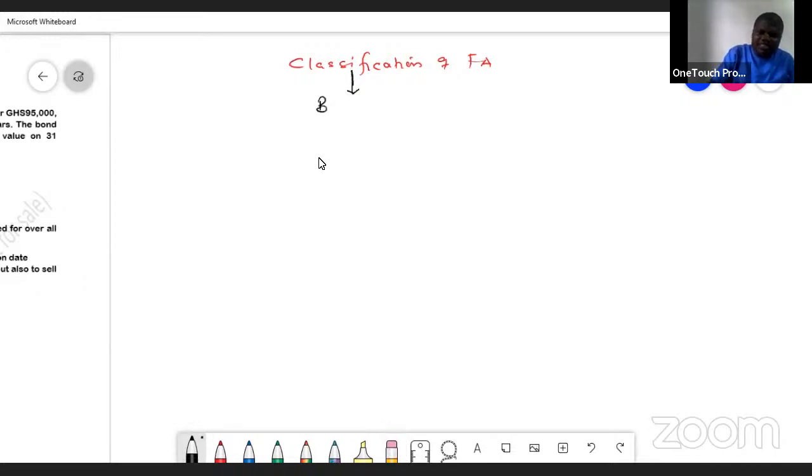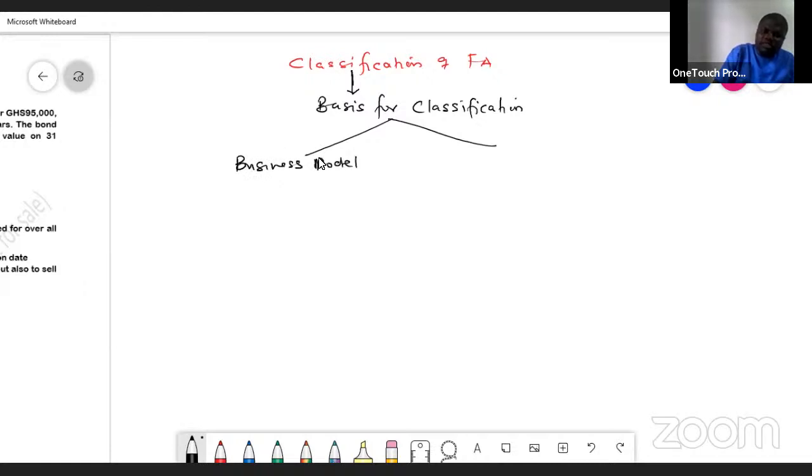We have the basis for classification: the business model objective, and then the contractual.